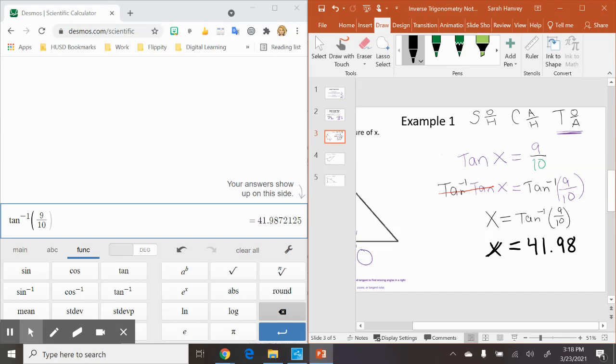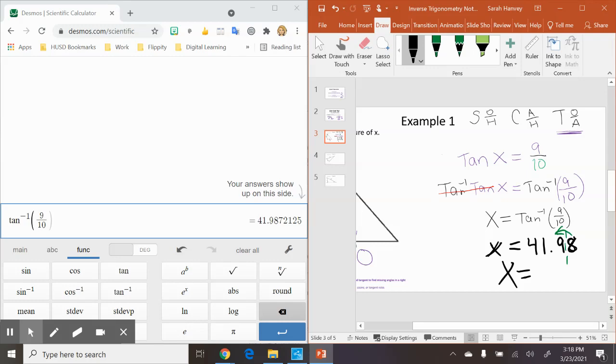And then we know that we're going to have to round this up because it is 5 or higher, which means our final answer is going to be x equals 42 degrees.